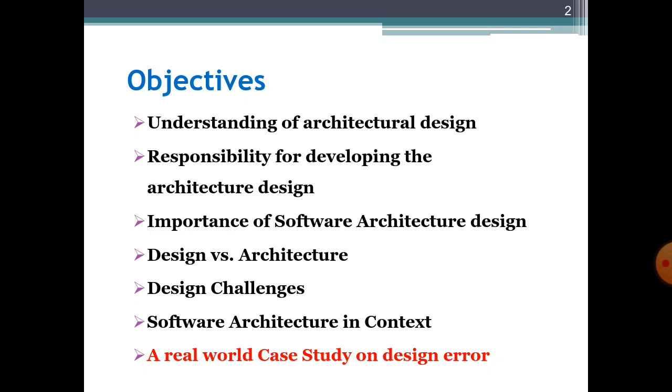Then we see the different challenges faced in the design phase, and then we discuss software architecture in context, how software architecture comes about. At the end we will see a real world case study on design error, where we see how Ariane 5 flight 501 was caused by a design error in the software. So here are the brief objectives of today's lecture discussion.